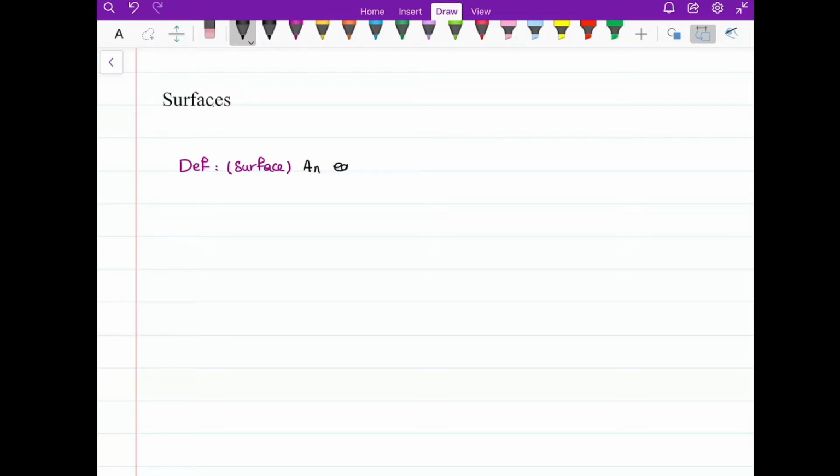So an equation in x, y, and z represents a surface in a space.